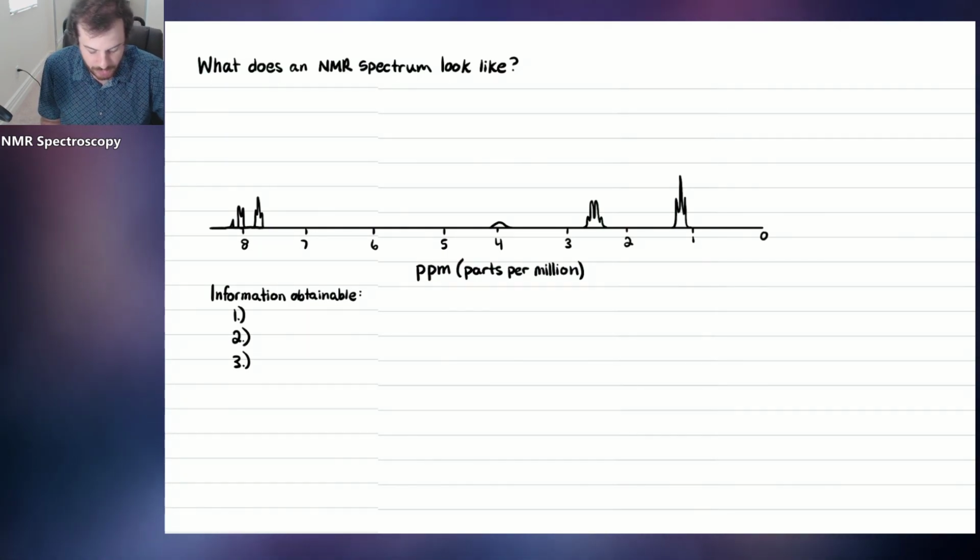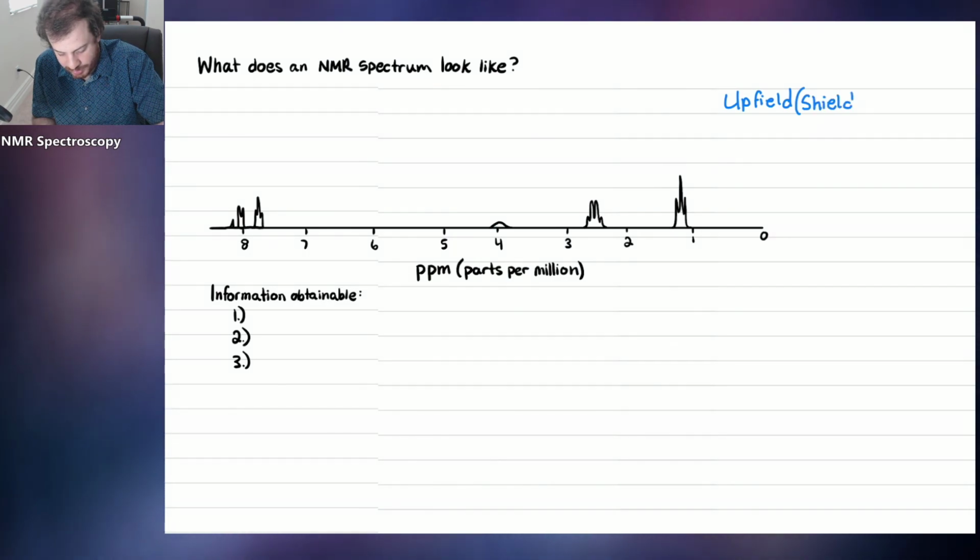What we call the right side of the spectrum is upfield. And in the upfield part of the spectrum, that is where we will find shielded protons. And then on the left side, we'll call that downfield. That will be where the deshielded things live.